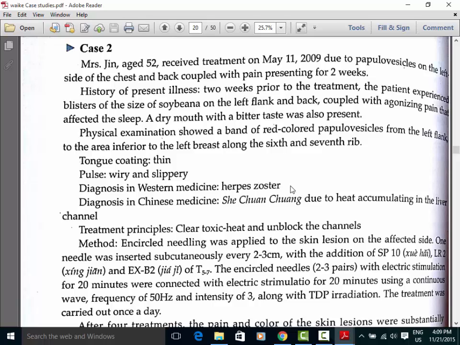Dry mouth with bitter taste was also present. Physical examination showed a band of red-colored papulovesicles from the left flank to the area inferior to the breast along the 6th and 7th ribs. Now talk to me.